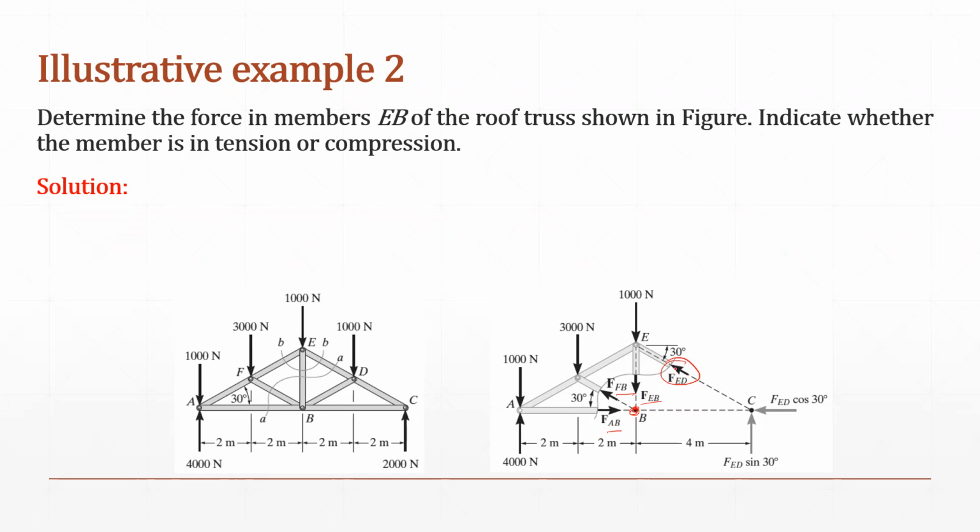You know FED is an inclined force, and we are supposed to find out its horizontal and vertical components. For this we are required to find out perpendicular distances also. It would be very difficult to find the perpendicular distances of the components of this FED, and that is why we will apply a very important principle which is called the principle of transmissibility.